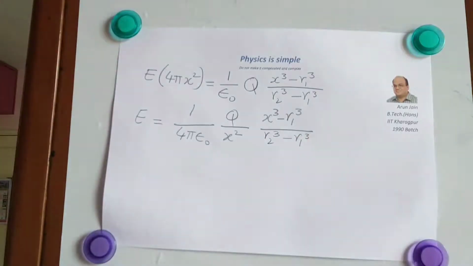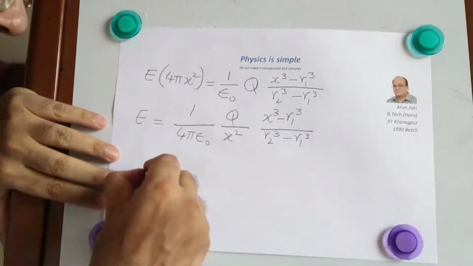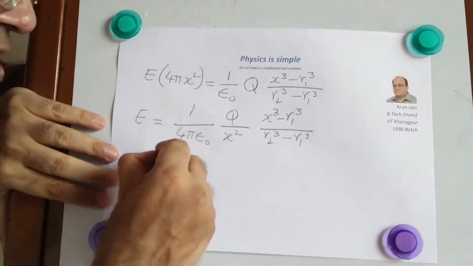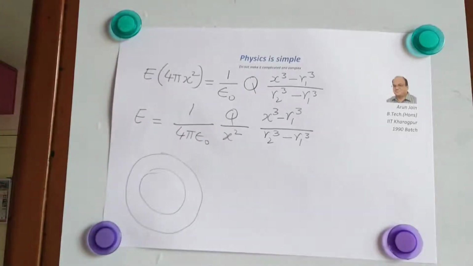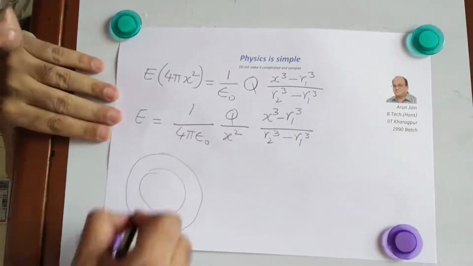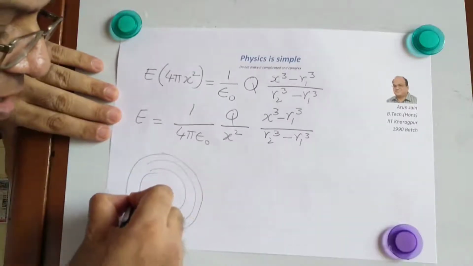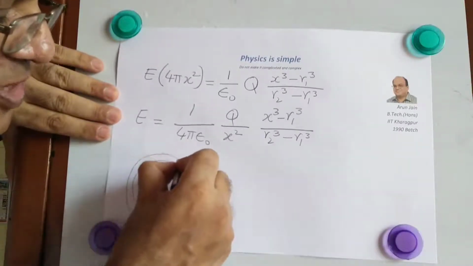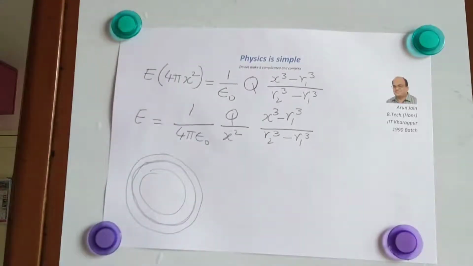Some of you may find this question difficult. It's not difficult at all. Okay, we had a hollow non-conductor sphere, okay, and a charge Q was uniformly distributed here. So we found the charge inside this, okay, inside the Gaussian surface. How we found that?